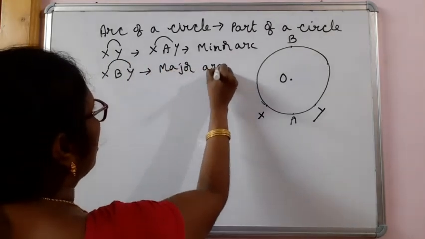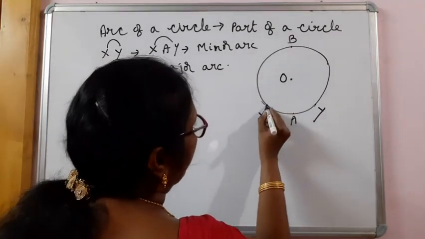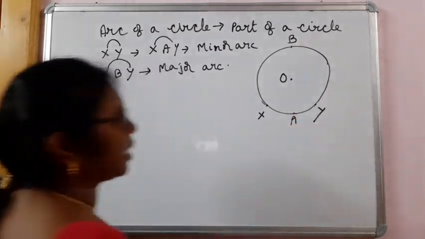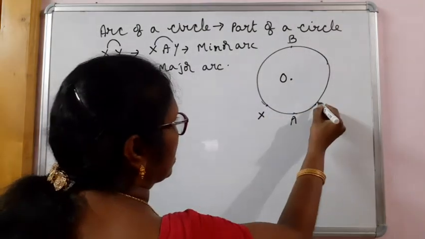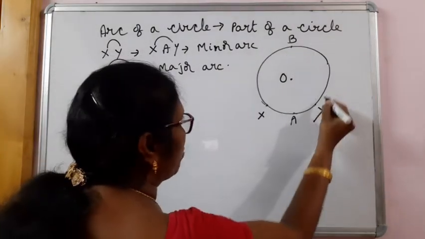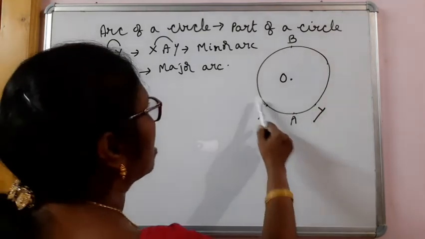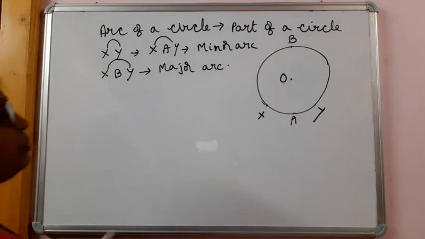So for these 2 points X and Y, XAY is one arc, XBY is another arc. XAY is known as minor arc, XBY is known as major arc.